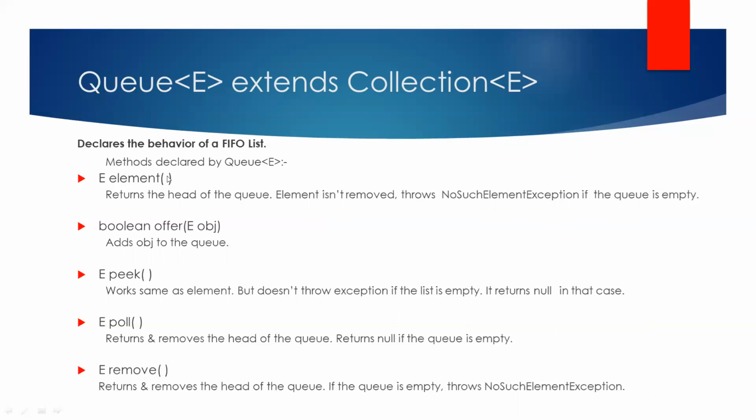The element method of the queue, which extends the collection interface, returns the head of the queue. Element is not removed. It throws no such element exception if the queue is empty. So if the queue is empty and you want to get the element at the head, you will get the no such element exception.